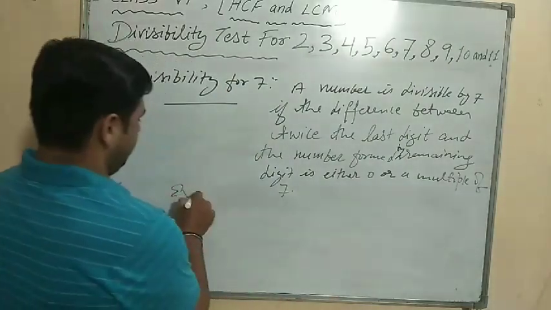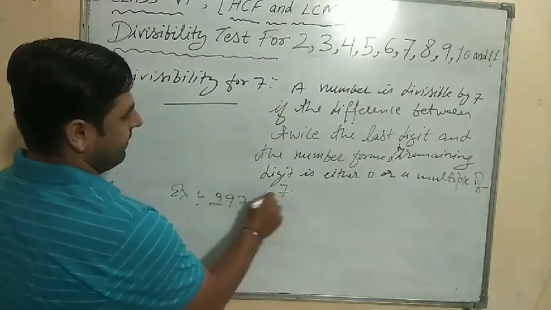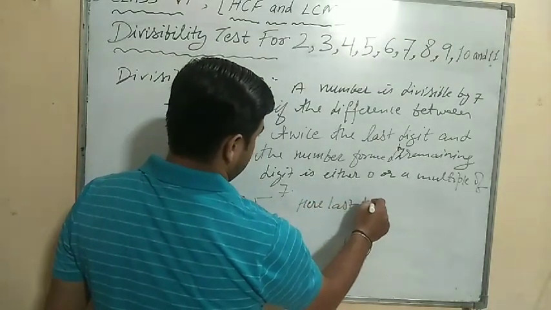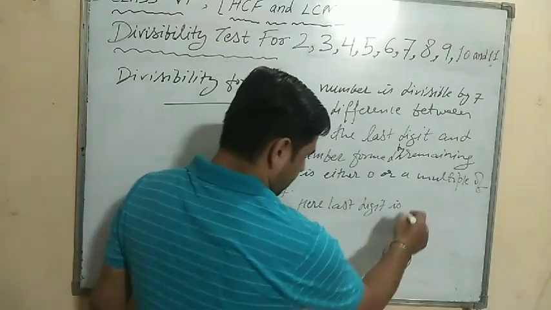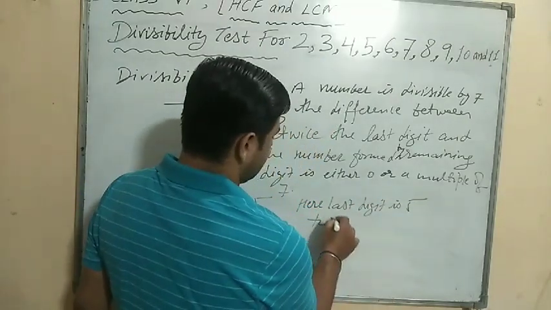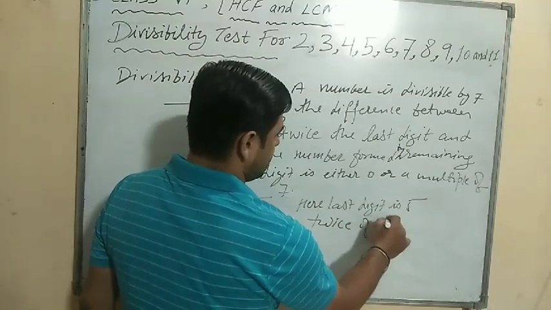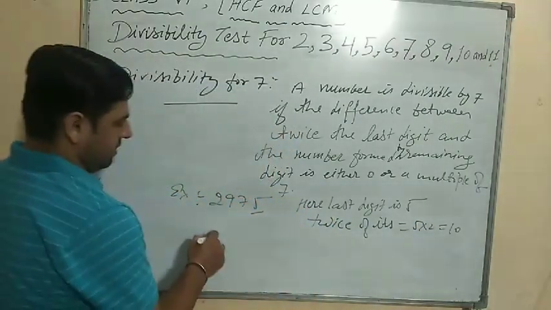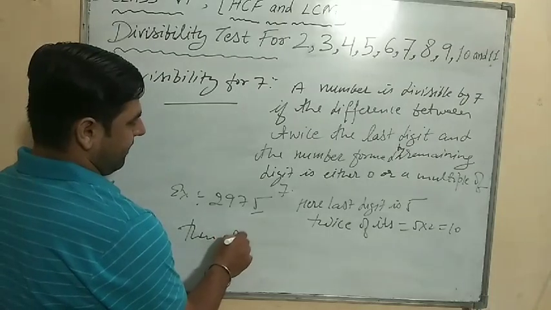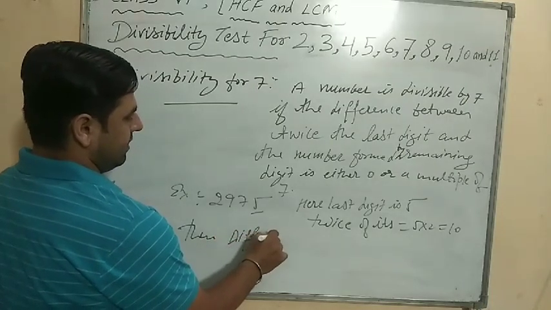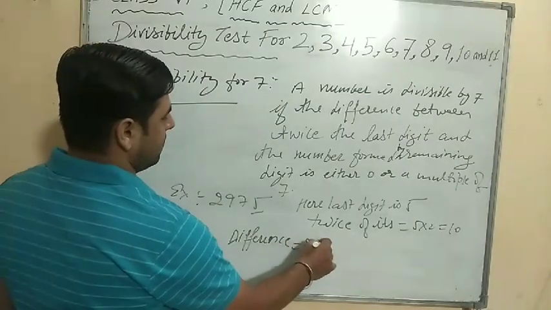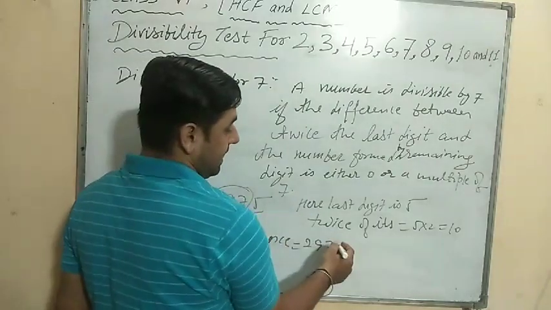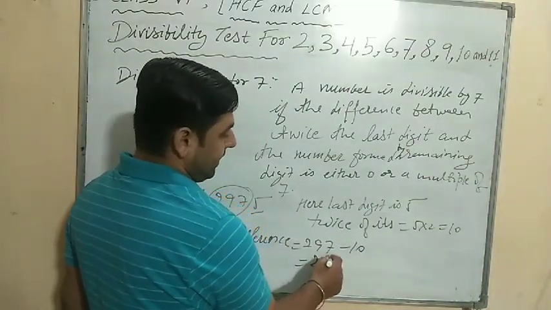Example: 2975. Here the last digit is 5, so twice of it, 5 into 2, that means 10. Then the difference: 297 is the remaining number and 5 is the last digit, and twice the last digit is 10, so the result is 287.